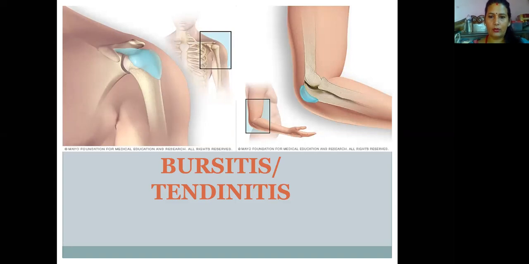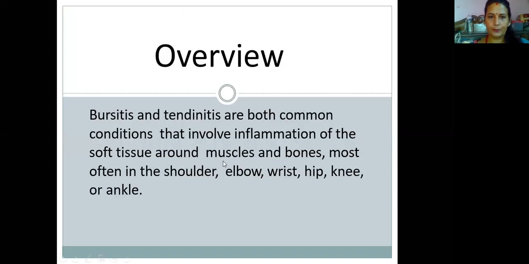Now let's go to the introduction overview. Bursitis and tendinitis both are common conditions. They are similar in aspects such as clinical manifestations as well as management and diagnostic procedure, so we'll be discussing them together.